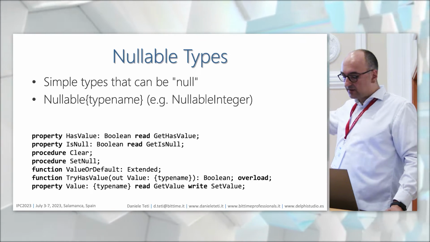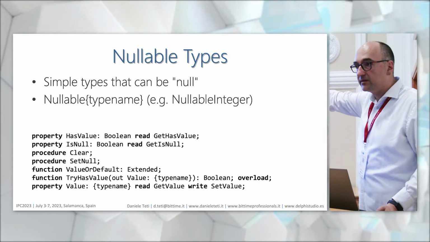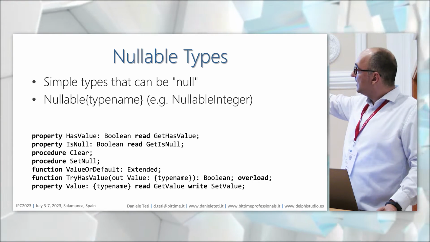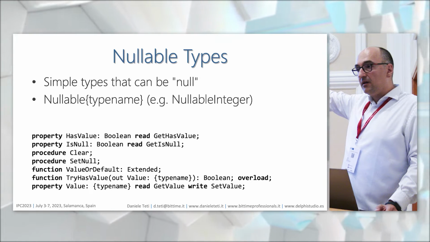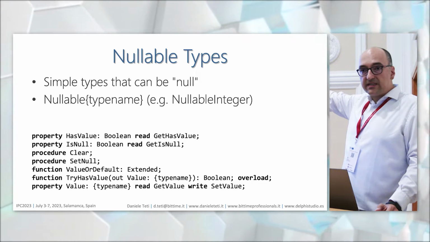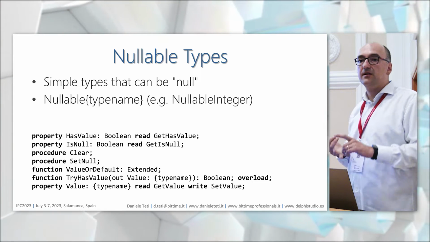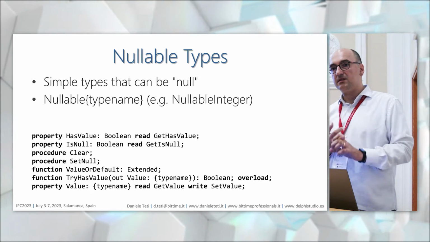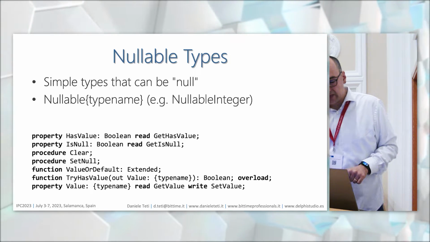Nullable types allow you to define this concept, the concept of null, also for simple types. These are the methods available for any kind of nullable type defined by DMVCFramework. The name is the name of the base type, with a prefix of Nullable. So you have NullableInteger, NullableInt32, NullableInt64, NullableString, NullableTDate, and so on.